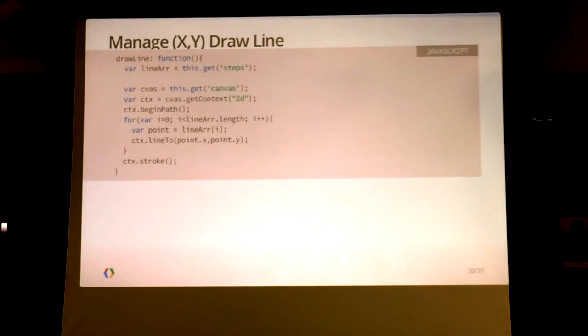So we have to tell Canvas we are going to start a line, and then we have to use this lineTo method and just kind of jump around XY location. Then we have to tell Canvas to fill in that path. So you don't actually see the line being drawn A to B to C to D. You just see the whole line from A to D. So that's what you get here.